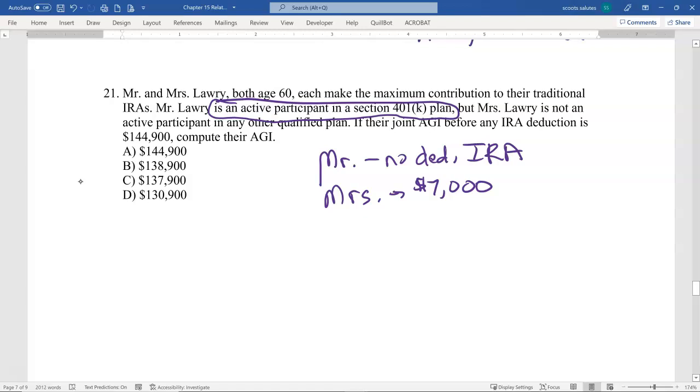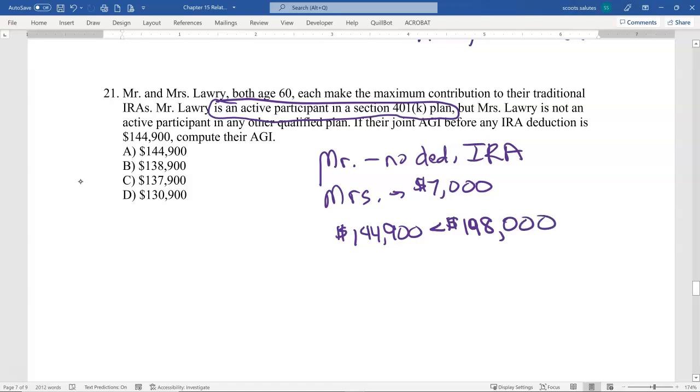Okay, so now we need to look at, are they over the AGI limit? So there, we'll put what they have. They had the $144,900. It's actually less than $198,000, which is the limit.